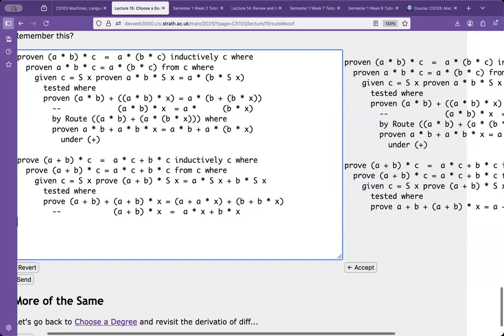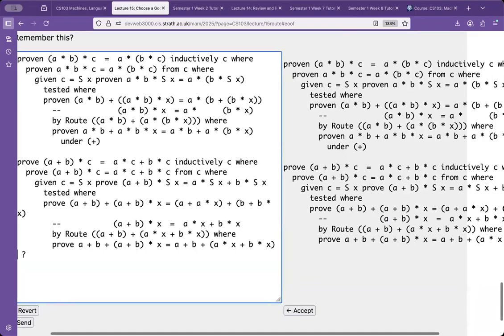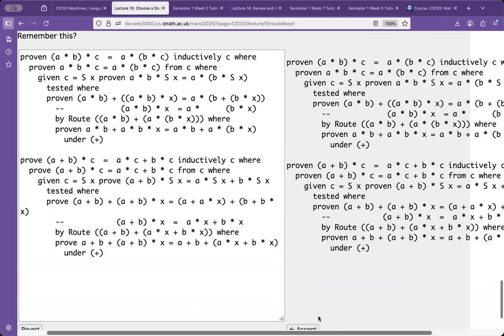So again, multiple provocations for the same maneuver. And again, middle to right is just swap middle of four, so we don't even see the sub-goal, and we're left justifying the step we took under plus.